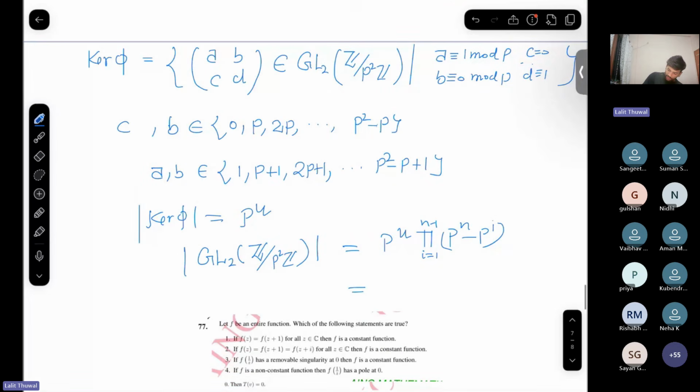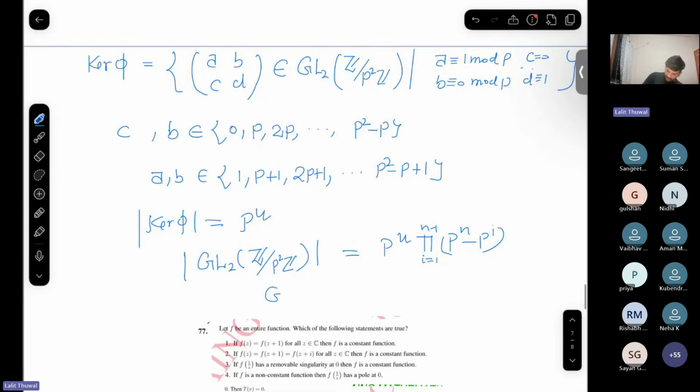Now if P equals 3, what is the order of GL2 of Z modulo 9Z? It is 3 to the power 4 into 3 squared minus... sorry, here it will be P to the power n squared divided by P to the power 4.